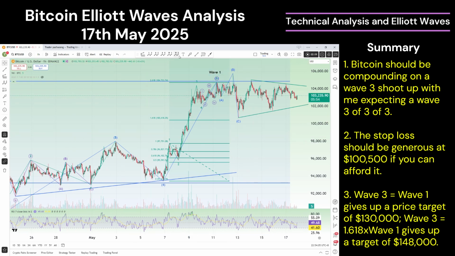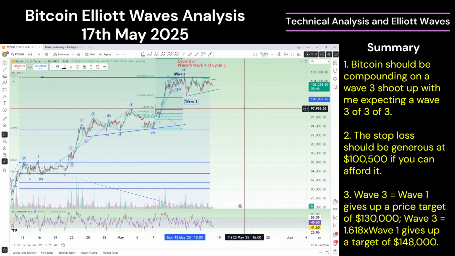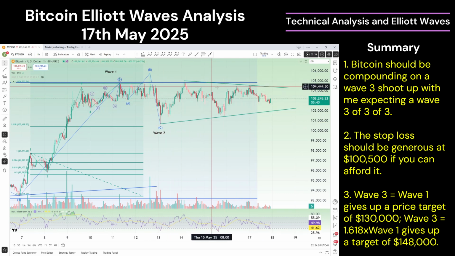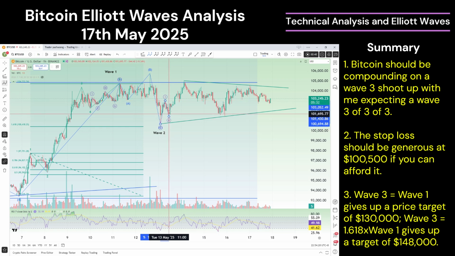Okay, and then over here will be a wave two. Now this will be a very short one. Okay, and then what happens over here, right? This looks like a symmetric triangle. Okay, over here I think my preference will be something like this: one, two, three, four, and five.